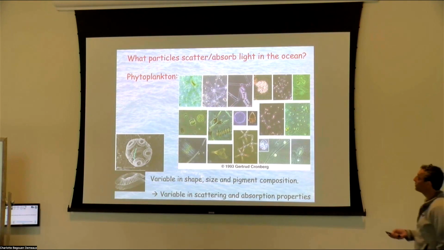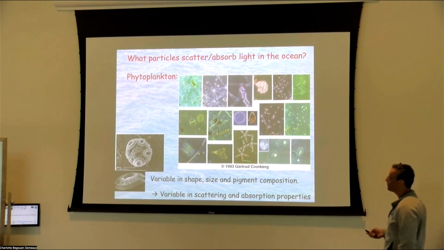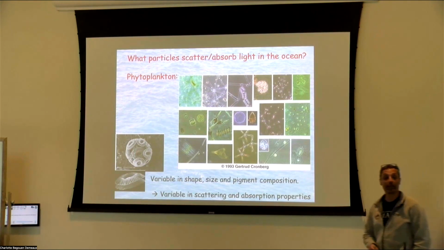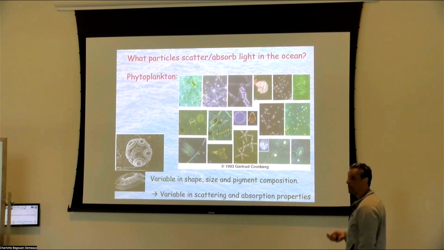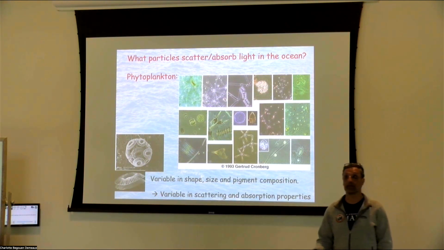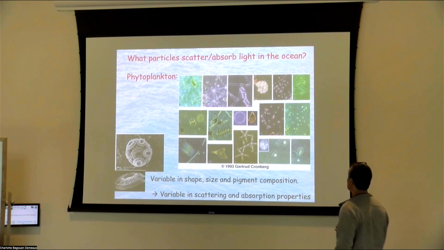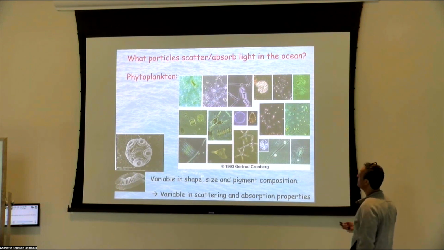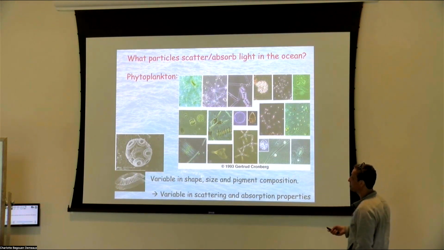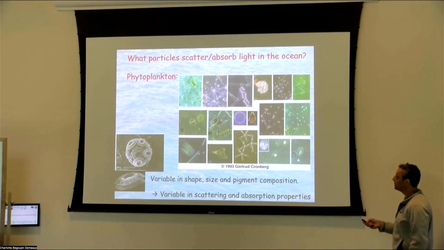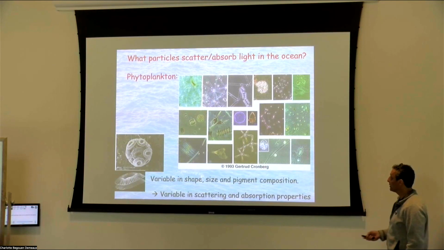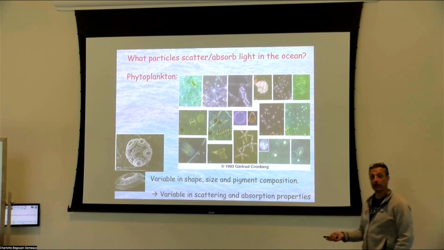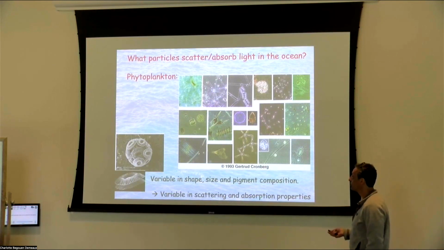So, as you know, the soup of particles in the ocean is extremely varied. We'd love all of them to be exactly the same, all of them spheres, all of them simple, but they're not. They have cell walls, we talked about it, they might have calcium carbonates. So they vary in shape, they vary in size and pigment composition, and therefore they're likely to vary in scattering and absorption properties.